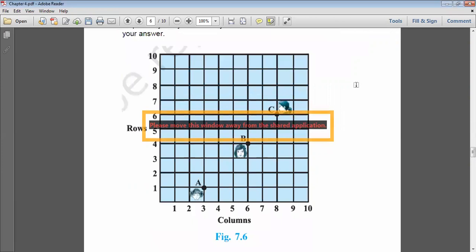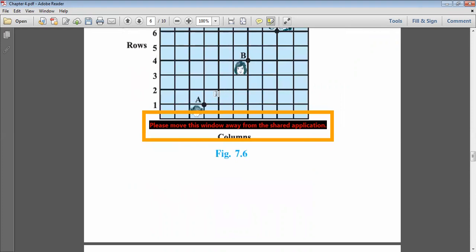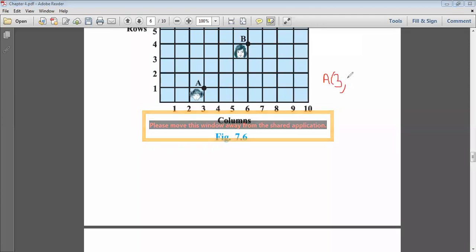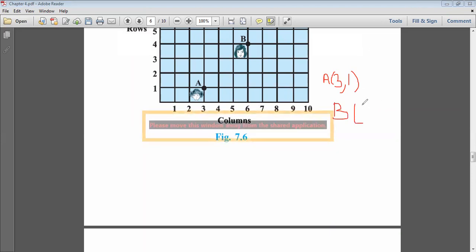So let us see how we can check whether they are lying in a straight line or not. First of all, can you say what is the point A? 3,1. And B? 6,4.